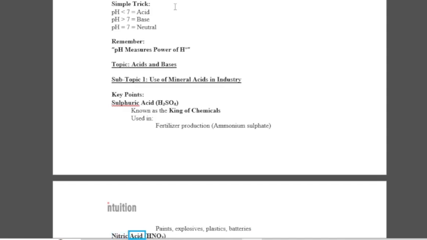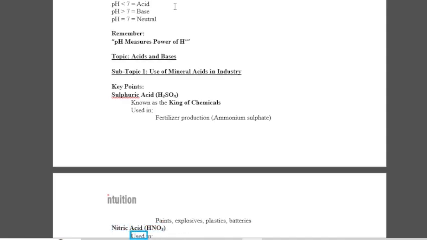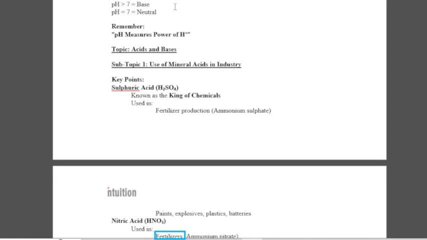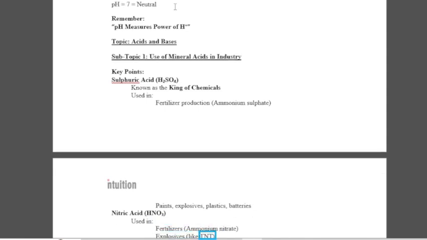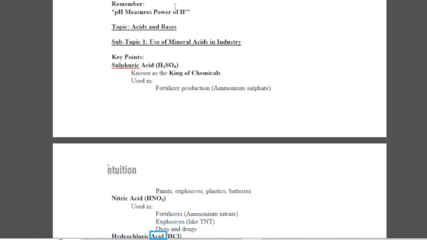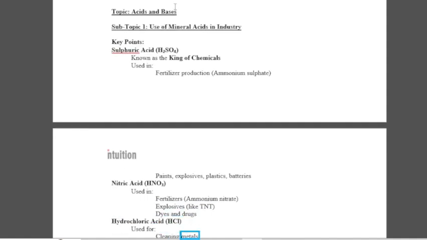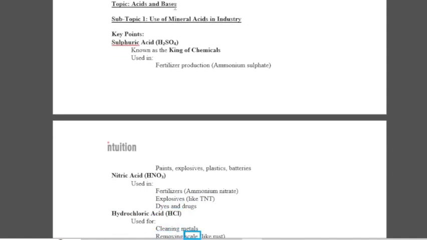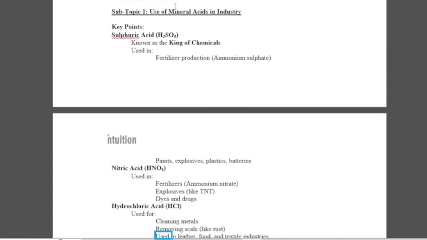Nitric acid, HNO3, is used in fertilizers, ammonium nitrate, explosives like TNT, dyes and drugs. Hydrochloric acid, HCl, is used for cleaning metals, removing scale like rust, and in leather, food, and textile industries.